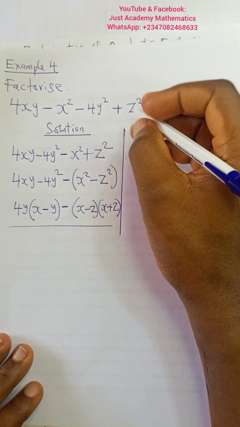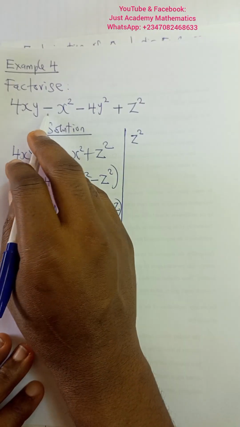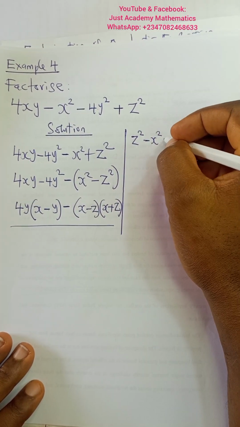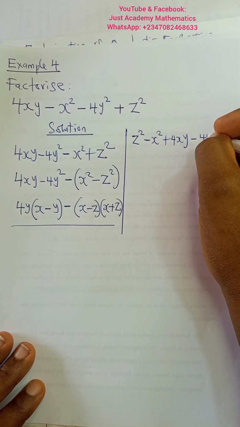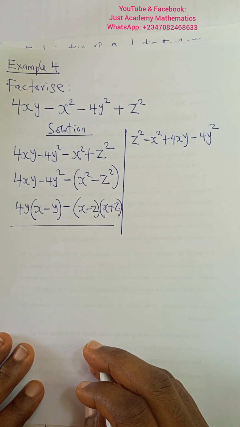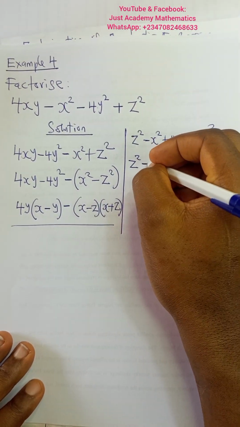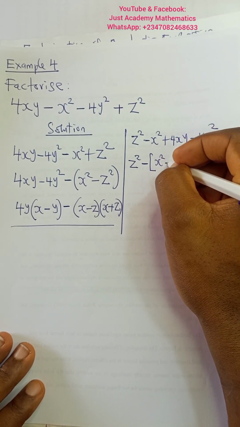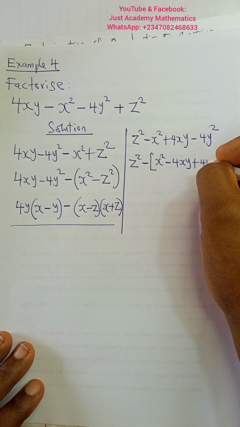So let me start with this. This is z square. Then I'm starting with minus x square plus 4xy minus 4y square. Follow me carefully. So I have z square. I'll put minus outside. What will remain inside? x square minus 4xy plus 4y square.